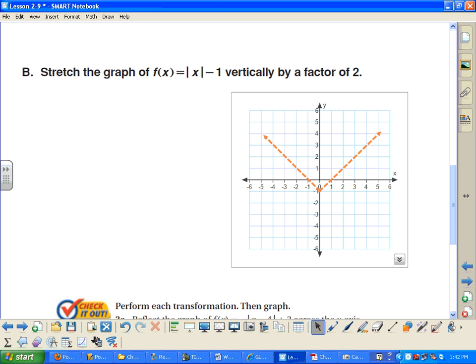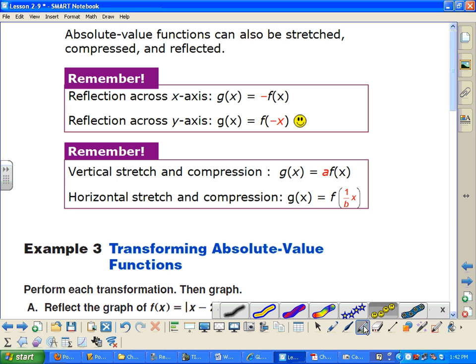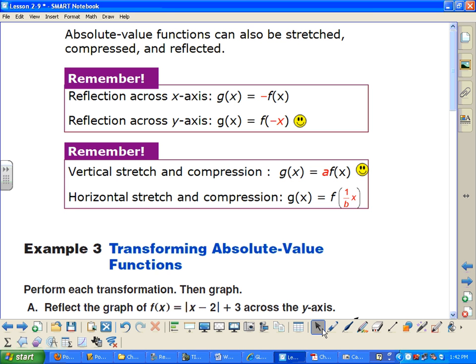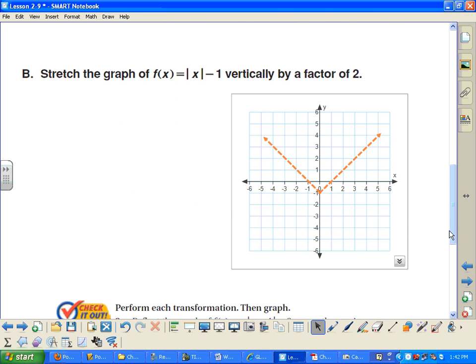If I'm stretching vertically, which one of these stretches vertically? Stretching it vertically is going to be this one here. So we're multiplying the whole function by a. In this case, we're multiplying the whole thing by 2.